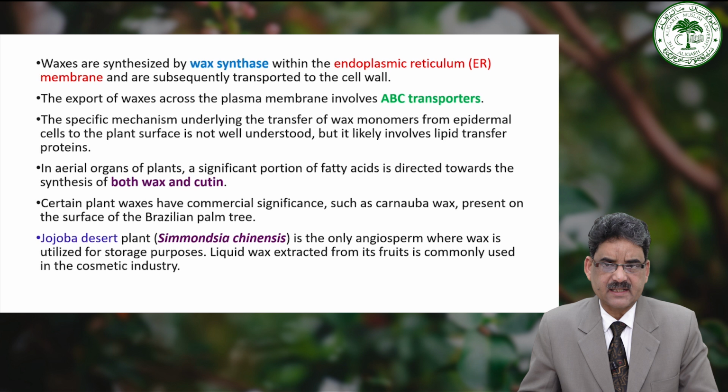Although the exact mechanism by which wax monomers are transferred from epidermal cells to the plant surface is not fully understood, it is believed to involve lipid transfer proteins. In plants' aerial organs, a significant portion of fatty acid is allocated towards the synthesis of both wax and cutin, contributing to the protective coating on the plant surface.